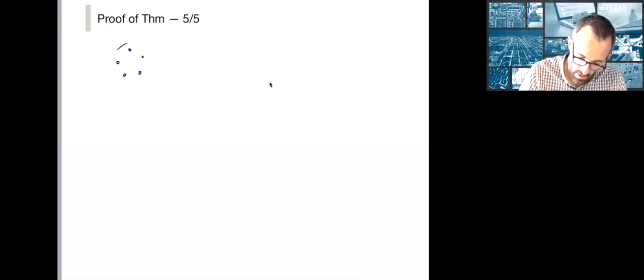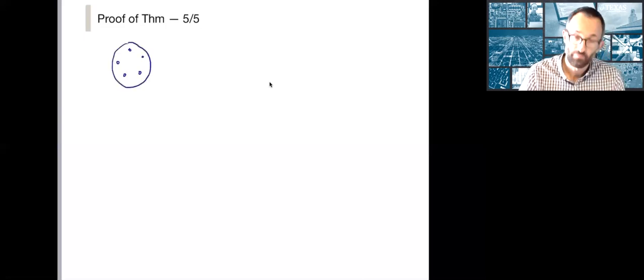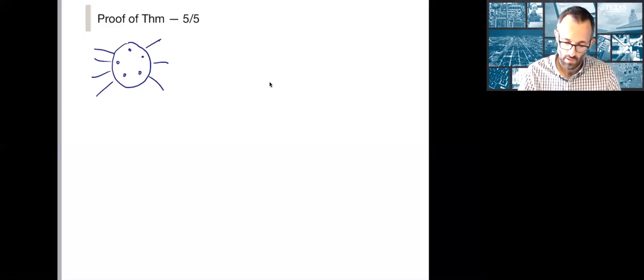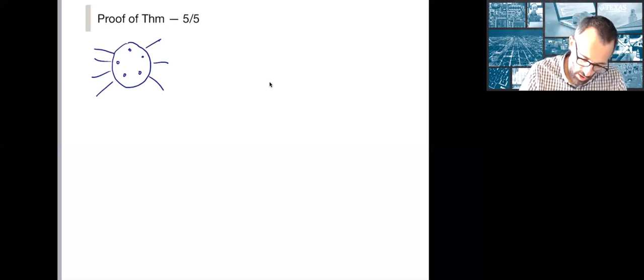It's just, here's U, and it has some edges going into it. These 5 edges that I drew, let me just make more, they don't have to correspond to the number of nodes. These edges are all delta of U.